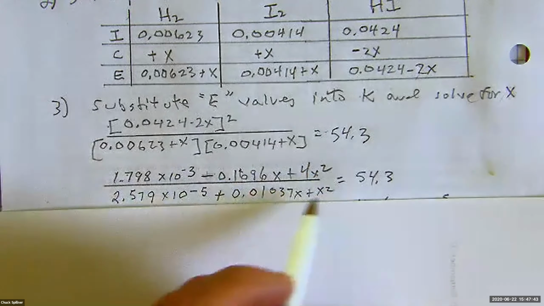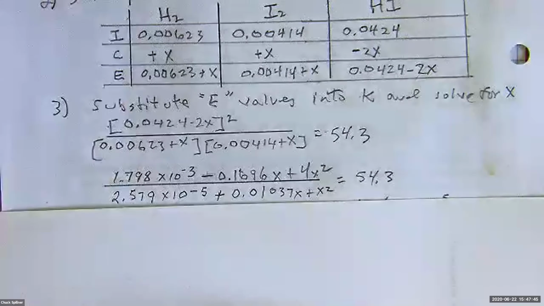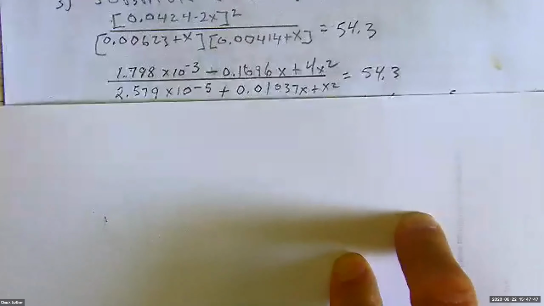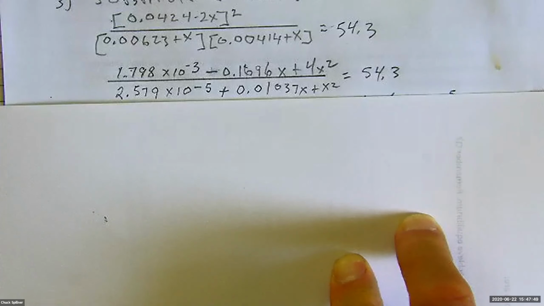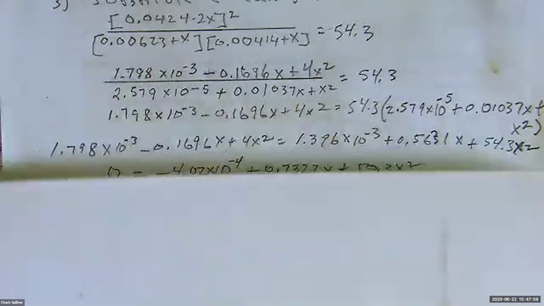Again, we have to get this into a polynomial that we can solve using the quadratic equation. So we have to get all the terms on one side and set it equal to 0. So we'll multiply that out.